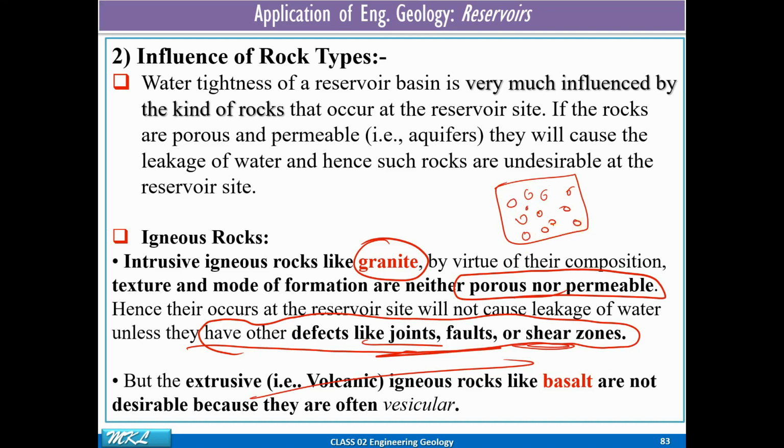The basalts are not desirable because they may provide some pathways of leaking of the water. So ये जो vesicular structure होता है, it could be used as a leakage path of water. So I'll be avoiding the basalt also.